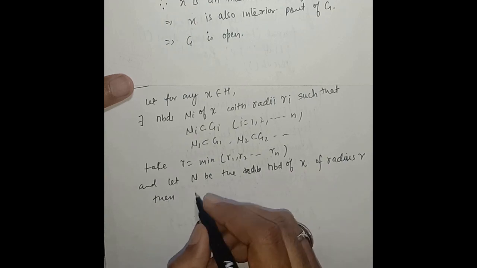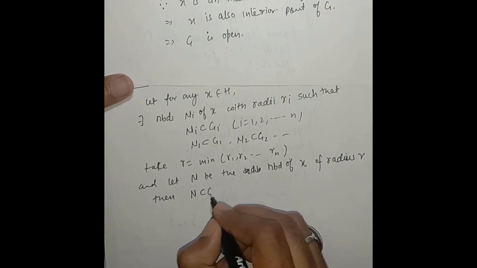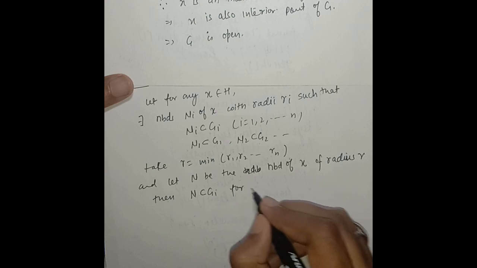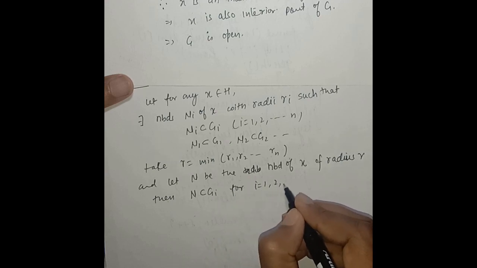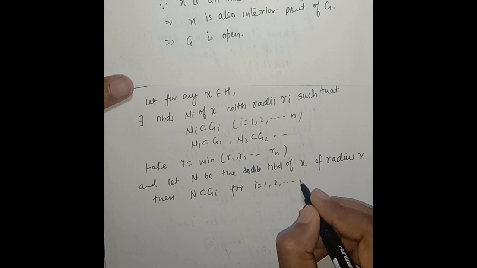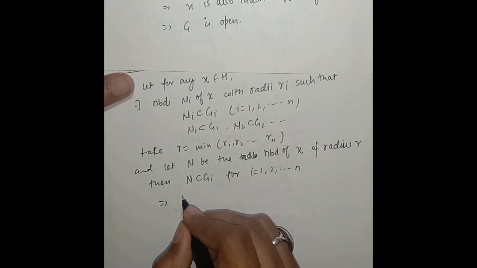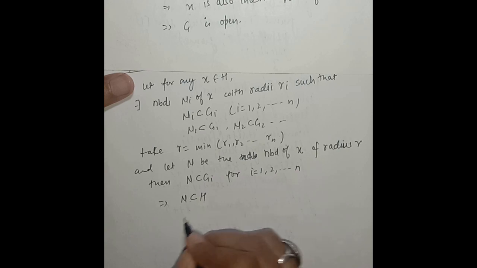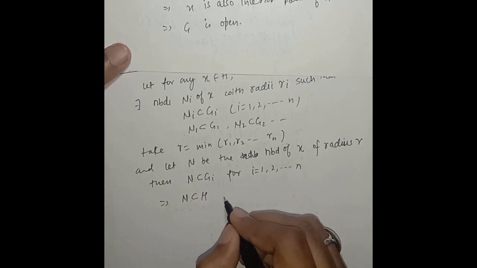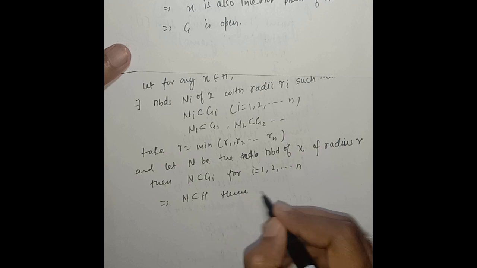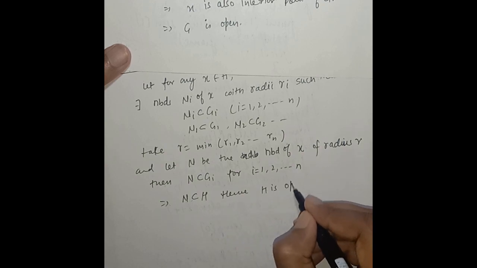Then N is contained in Gi for i equal to 1, 2 up to n. This implies N is contained in H. Hence we can say that H is open.